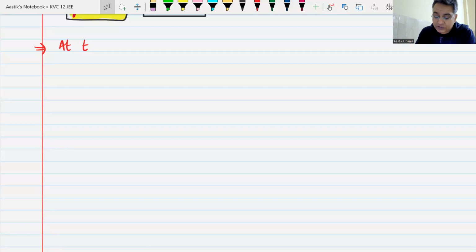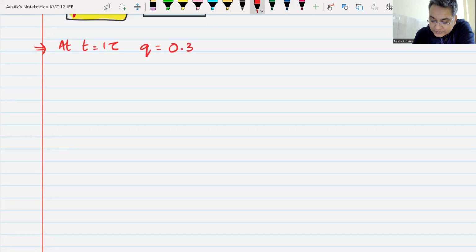Because from that we are going to define the time constant of the discharging circuit. So when I put the value of time as 1 tau, the value of Q will be 0.37 times Q naught, the initial value, which is nothing but Q naught divided by e.